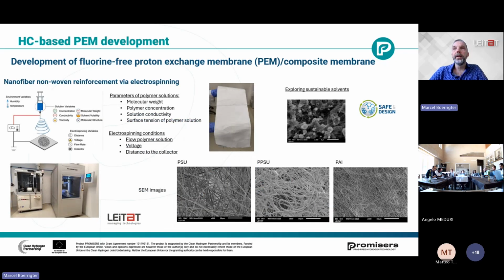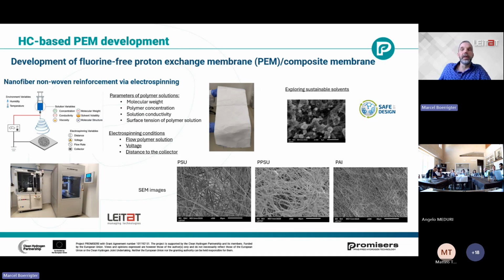Later we are working on the reinforcement of these membranes. We do this with nanofiber reinforcement. Here you can see the equipment we are using. We have a roll nanofiber spinning equipment. You can see some samples above, and we tested several polymers, polysulfone and polyamide.